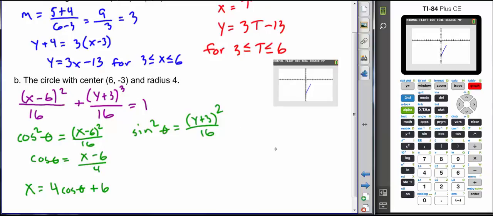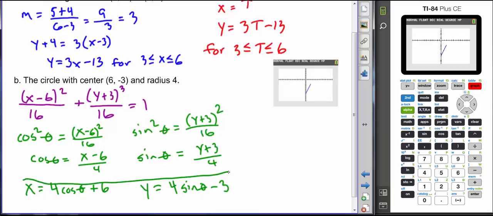You don't necessarily have to do them in the same order that I'm doing it, but to me it makes a whole lot of sense when you can to keep cosine with x and sine with y. That's something that we're used to seeing, a connection that we've made many, many times. And so then we have y equals 4 sine of theta minus 3. Or you could write it as negative 3 plus 4 sine theta. But there's your parametric right there.